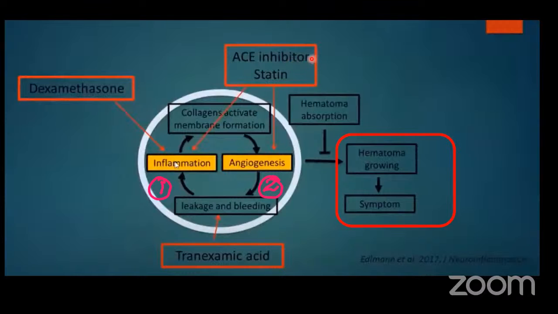We can reduce the angiogenesis as well as inflammation by giving statin, and we can decrease the activation of the fibrinolysis system by giving tranexamic acid, and we can remove the hematoma by surgical method.